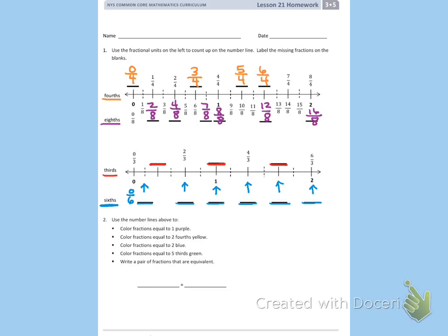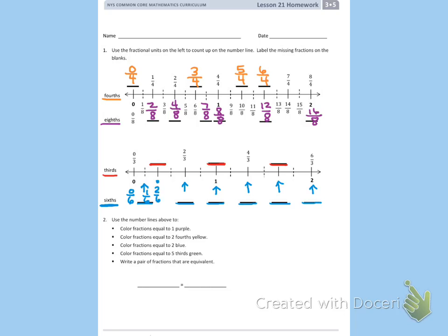Now what comes after 0/6? Put it on the line. Well, that's 1/6. There is no line, excuse me, for the hash mark right here. But I know that that's going to be 2/6.